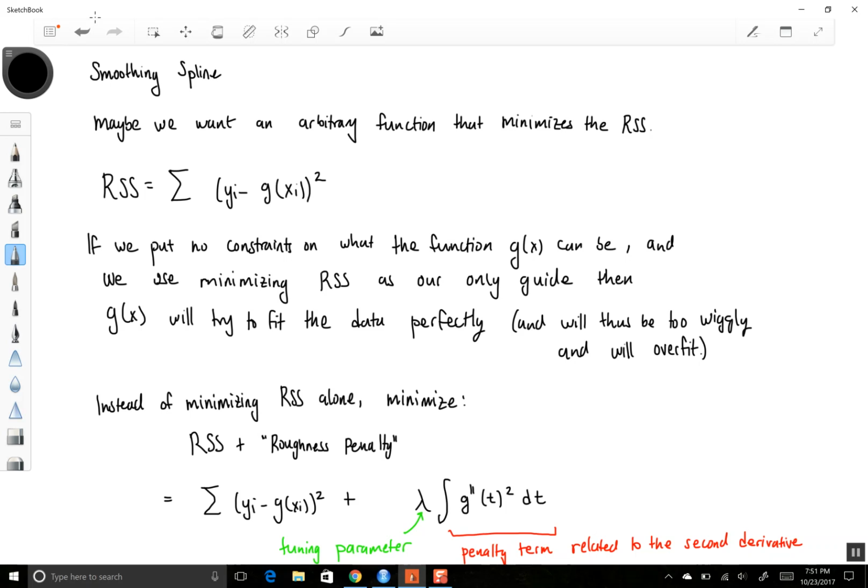Yes, question: is that going to be a definite interval? I guess, yeah. It would be over the span of the data.